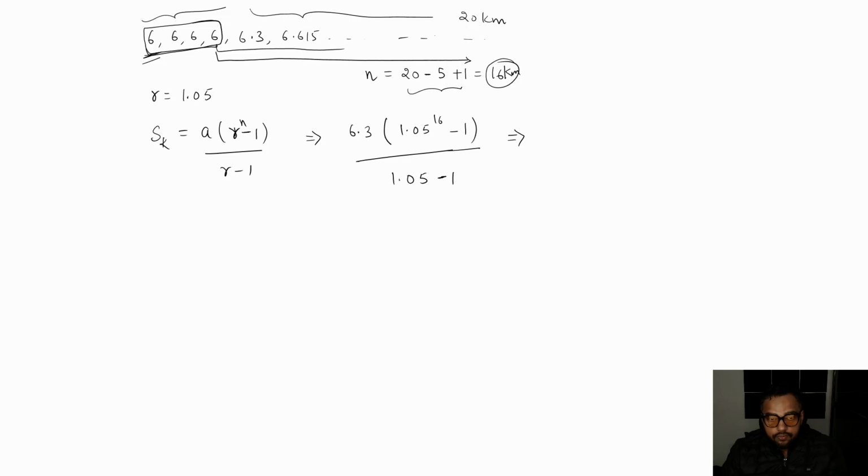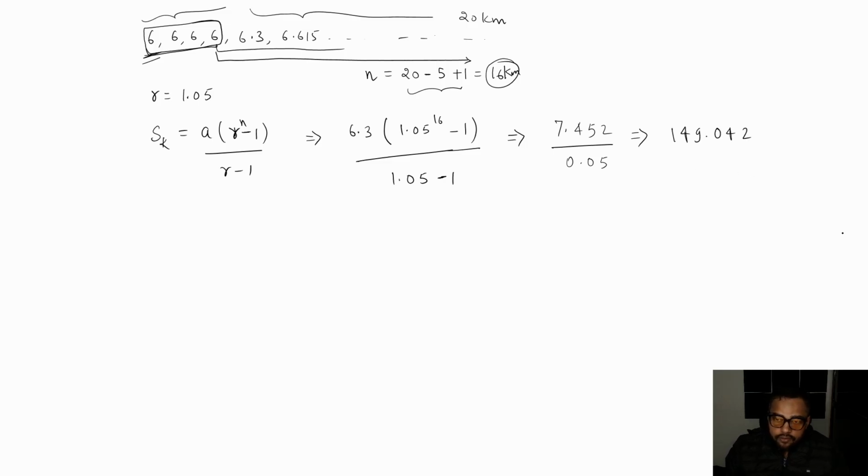So we just need to calculate it. We have 1.05 to the 16 as 2.18, minus 1, we are getting 1.18, times 6.3, that is equal to 7.452 in the numerator, and in the denominator we'll get 0.05. Dividing by 0.05, that will be equal to 149.042.